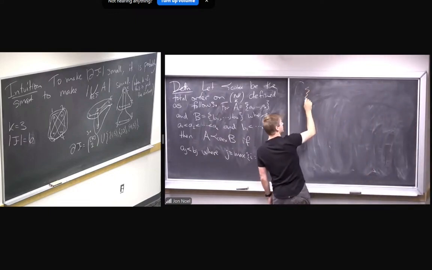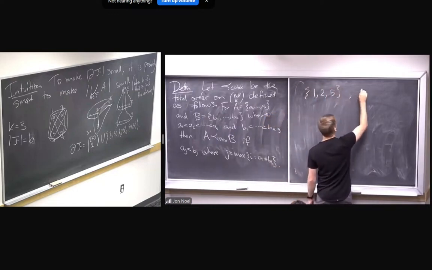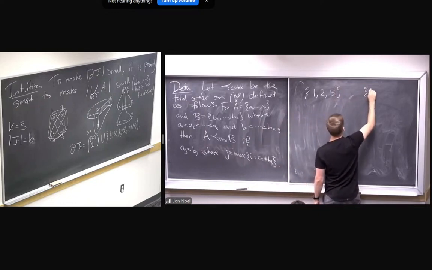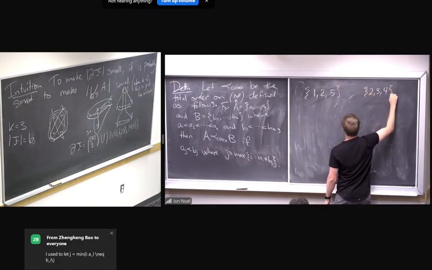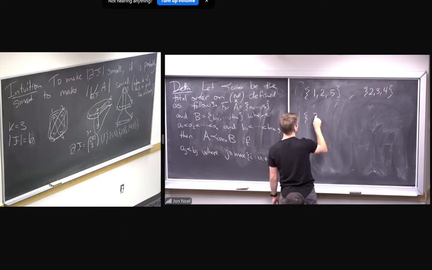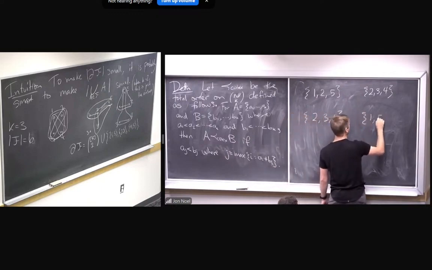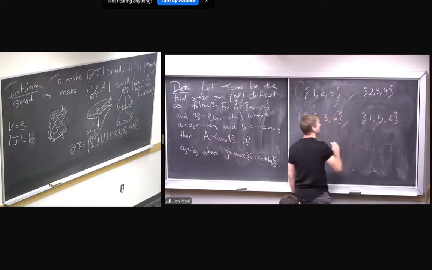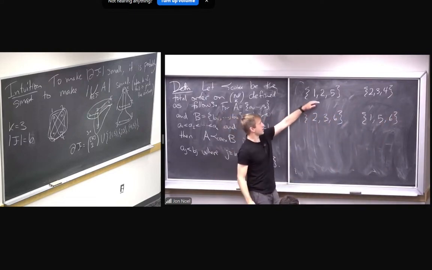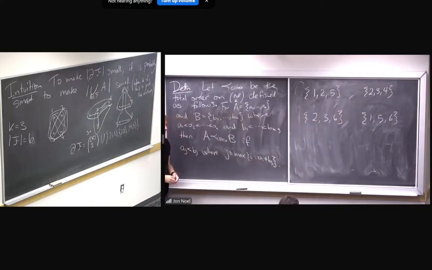Maybe to get some intuition, let's do some examples. I've got these two sets, and I want to know which one's bigger in colex order. Which one does the alligator eat?